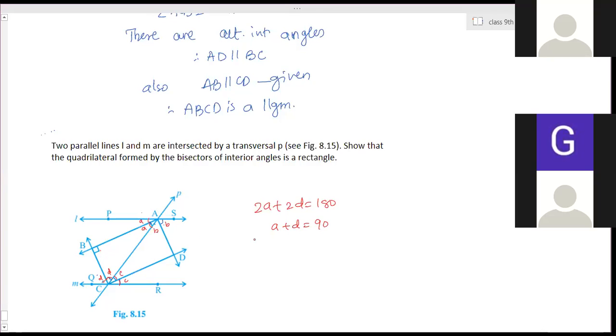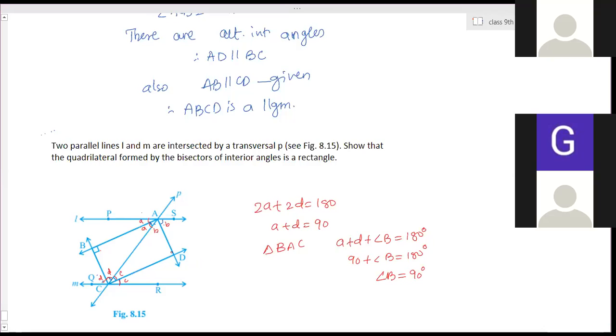So angle B will be 90. In triangle BAC, A plus D plus angle B is equal to 180, angle sum property. This is 90 plus angle B is equal to 180. So angle B is equal to 90 degrees, right?